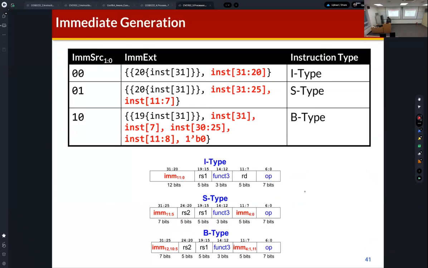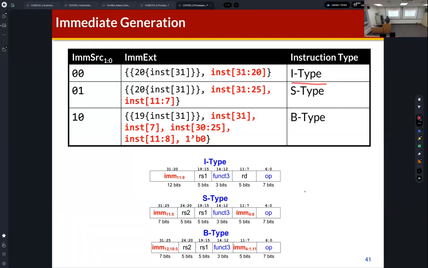For the I type data, this is some behavior model of the immediate generation. It means that we need to convert the 12-bit immediate number to a 32-bit number.